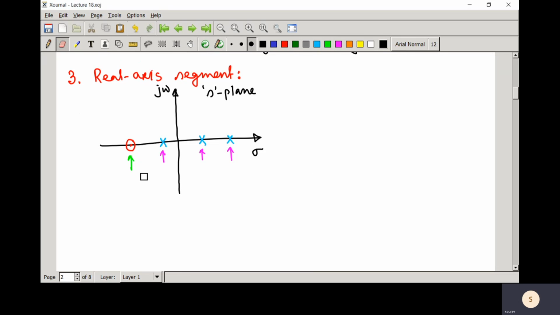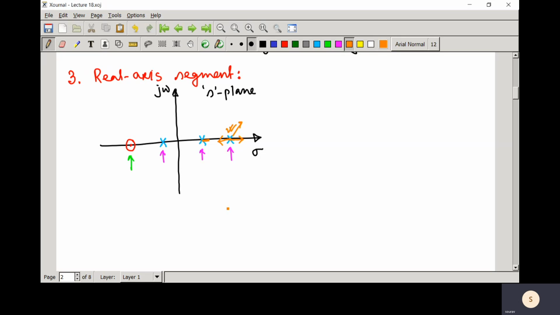But that is actually not our objective here. Our objective is, whenever the root locus starts from these open loop poles, suppose for this particular pole it starts from this point, it may go along this direction, or it may go along this direction, or it may simply go in other directions.